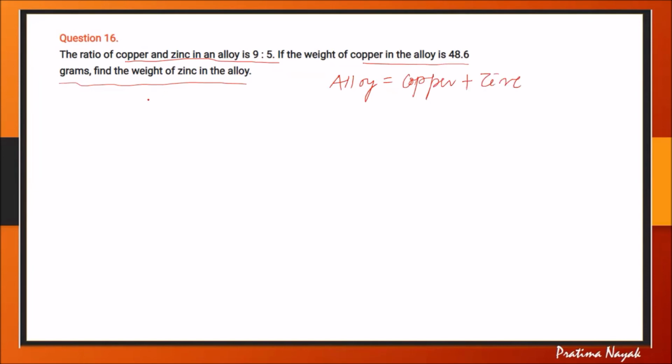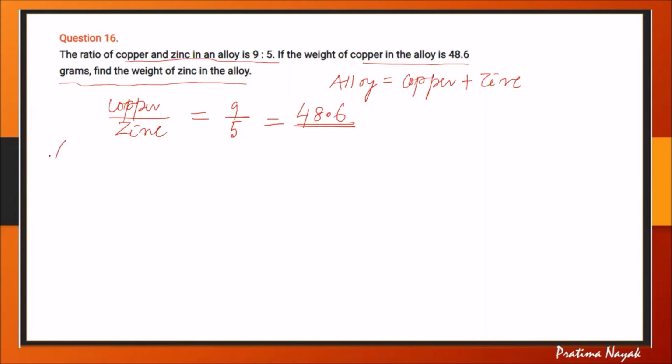Now they are in ratio. Copper is to zinc is equal to 9:5. And it is given that copper is equal to 48.6. How much will be zinc?